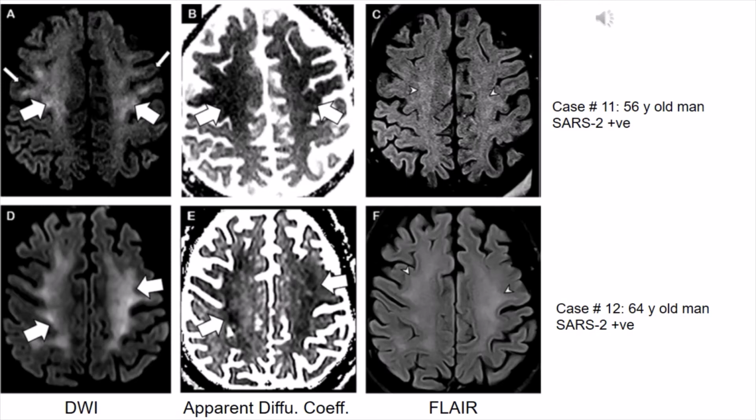The restricted diffusion on DWI is more conspicuous than the T2 FLAIR hyperintensity.